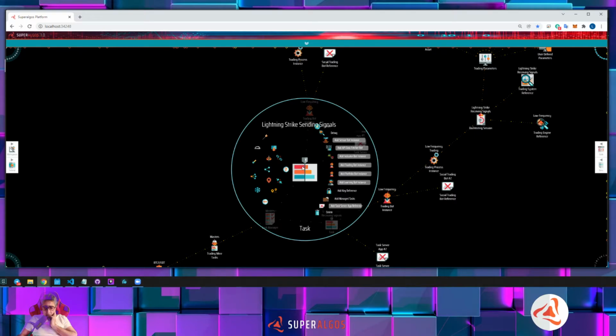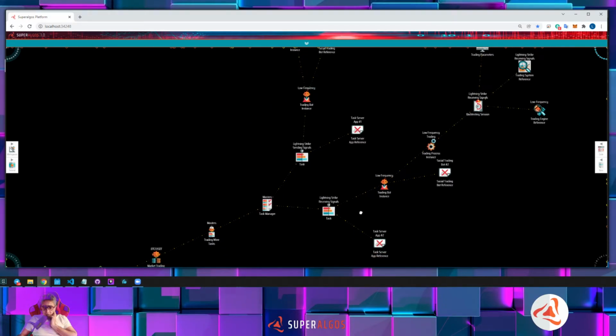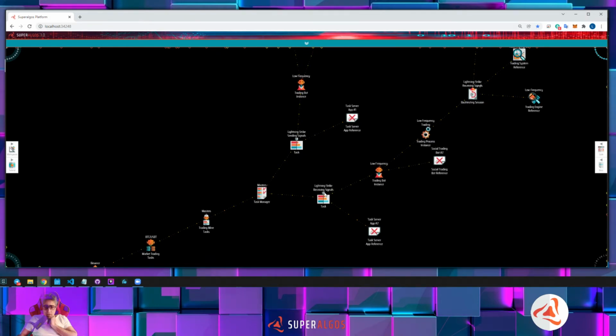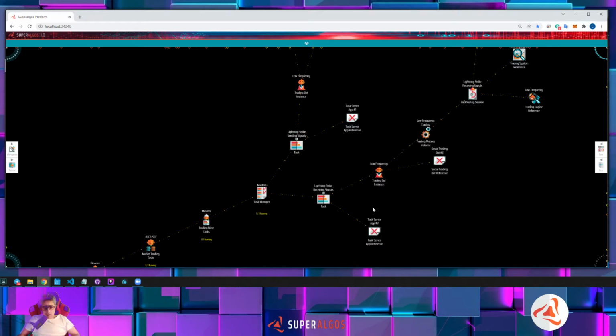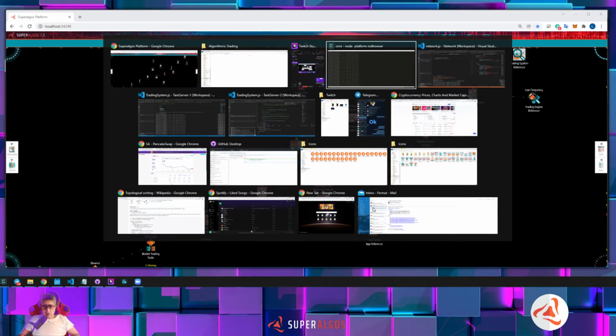I'm going to produce the signals again, but first run the task of the bot emitting the signals, run the other task, and wait for all this to get connected.